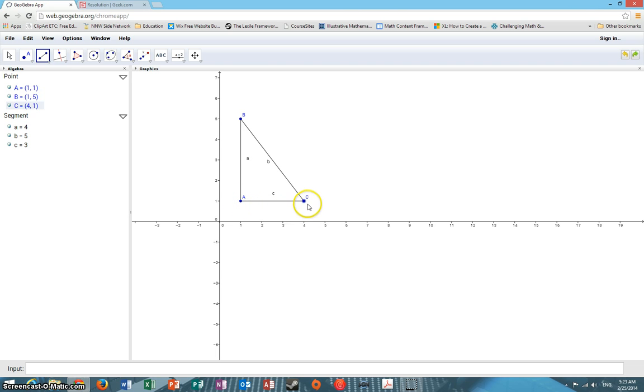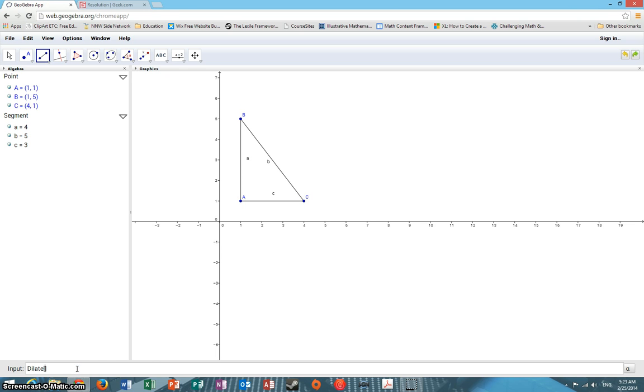So all I need to do is take my point here that is C. I'm 3 units away. Now I would go 9 units away, because 3 times 3 would be 9. If you're using GeoGebra, there's also a really powerful tool.